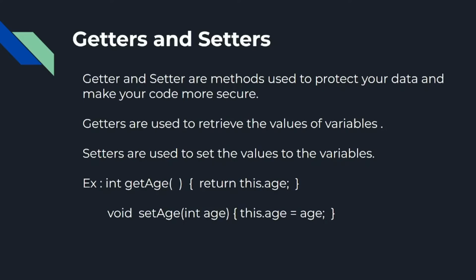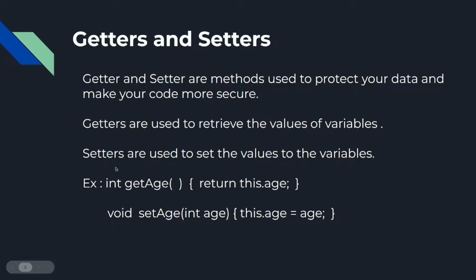Getters and setters are methods used to protect your data and make the code more secure. Getters are used to retrieve the values of the variables, and setters are used to set the values of the variables. In this example, we have created a getter called getAge and a setter called setAge. GetAge returns the value of the age and setAge sets the value of the age.